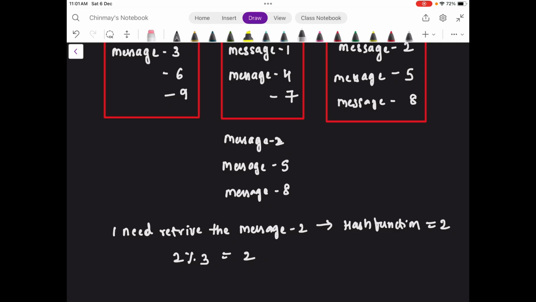But node 2 is down. So in this approach, distribution of messages was successfully completed, but retrieval of messages fails if any node is down or any node is added. Adding or removing nodes becomes a problem for this approach.